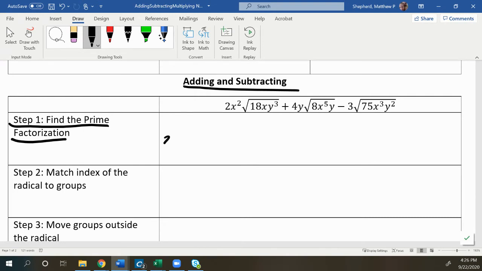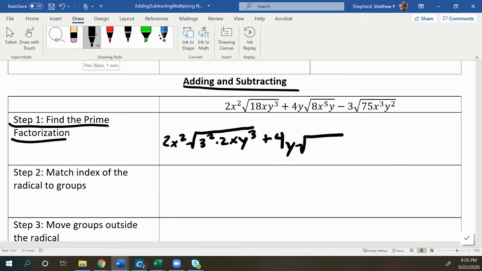So first, let's start off writing the 2x squared. Prime factorization of 18 is going to be 3 squared times 2. And I've got x y cubed plus 4y square root.